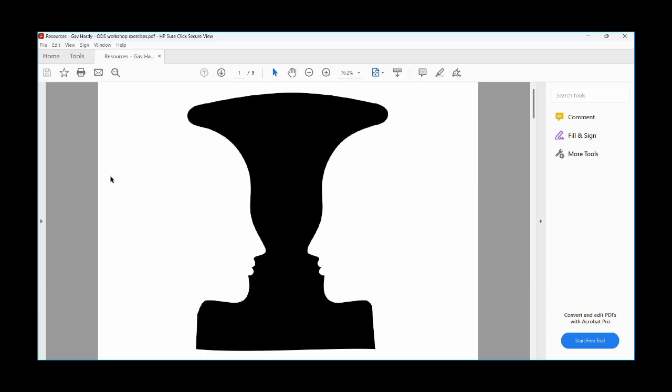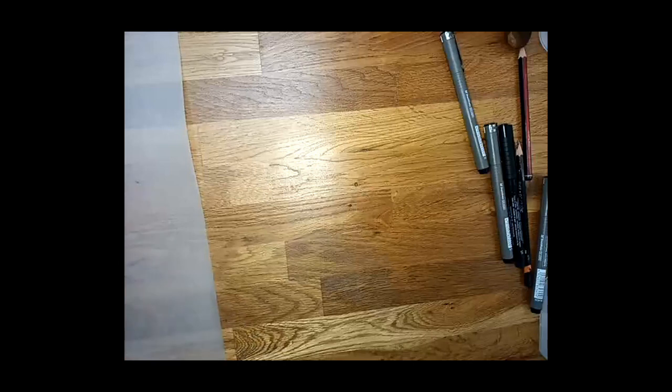Okay, so what I want you to do is pull out a pen and a piece of paper. I'll go through this with you right now. I'm just going to stop sharing and I'll reshare my camera. And we're just going to do an exercise in Betty Edwards' book.